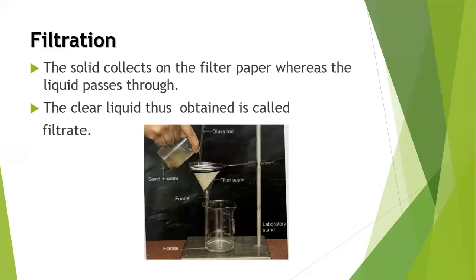It is folded once again into four quarter circles. Now a cone is opened by holding three quarter circles on one side. This cone is fitted into the cone of a funnel and moistened with water so that the filter paper sticks to the funnel.